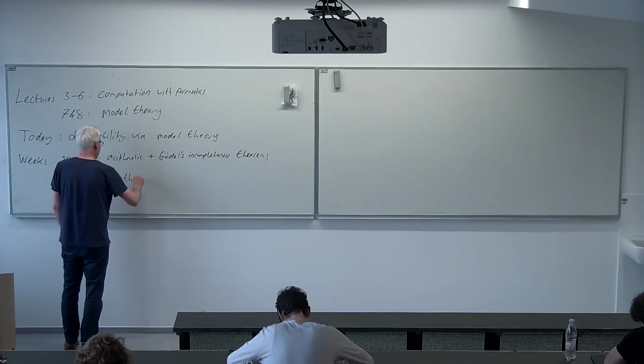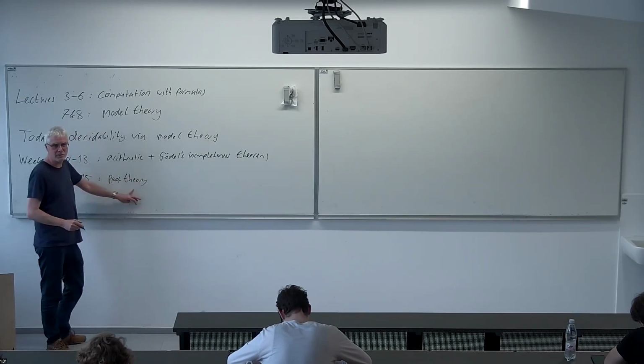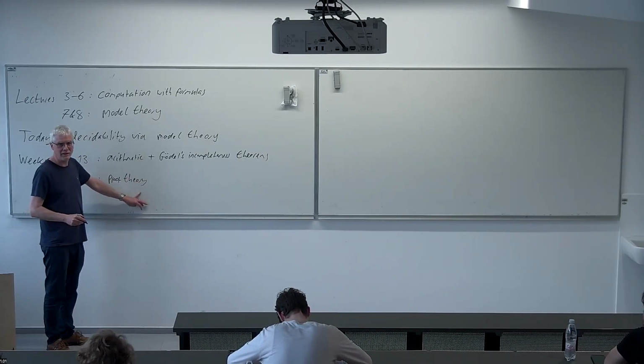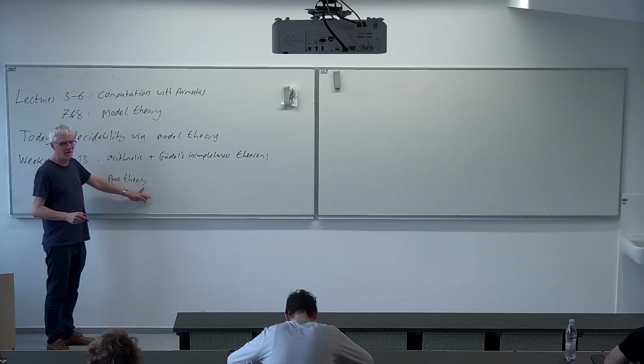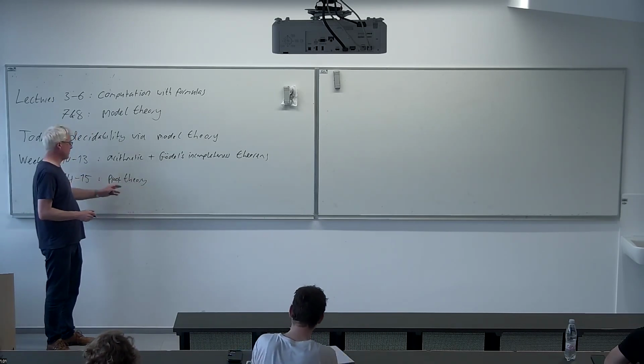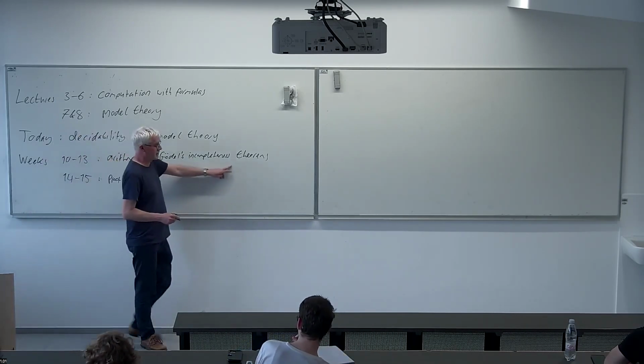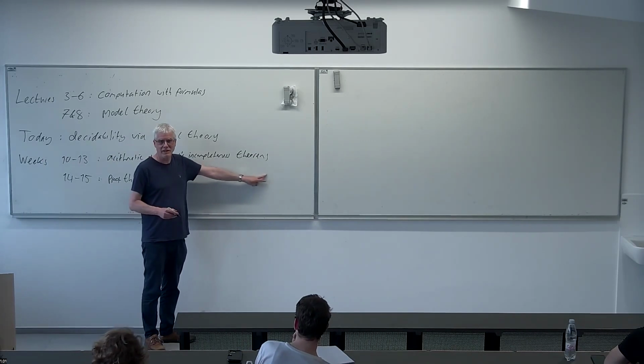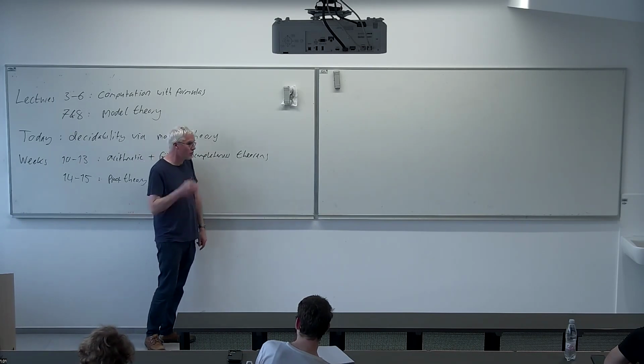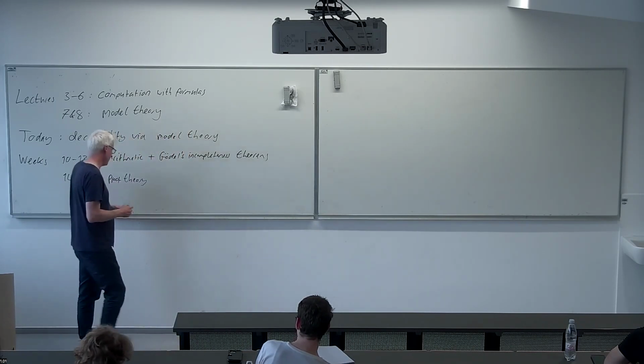I won't write it down, but we're going to do Gentzen's sequent calculus. We're going to learn in Gödel's second incompleteness theorem that a theory of arithmetic cannot prove its own consistency, which is a very intriguing and thought-provoking fact.